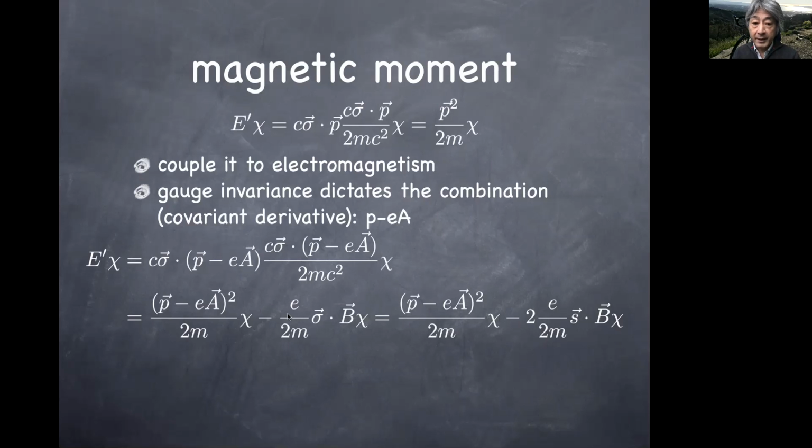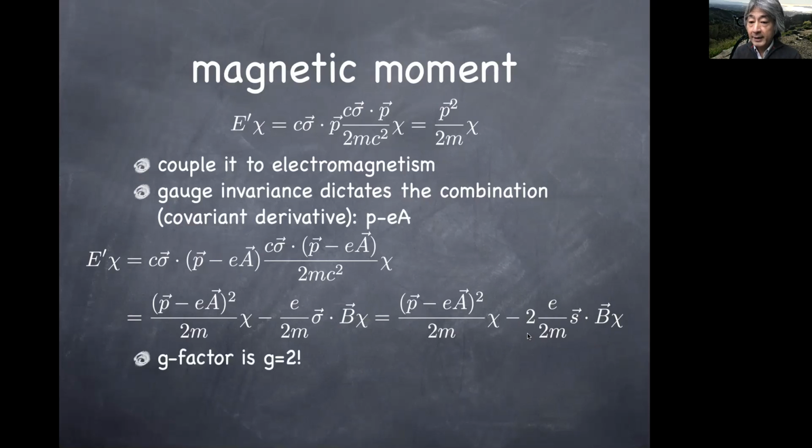So I can rewrite this as E over 2m times spin dot B times 2. And what that means is that what couples to B in the Hamiltonian or energy is the magnetic moment. Magnetic moment is given by the Bohr magneton times spin, but times 2, and that's what you learned in quantum mechanics as the g factor.